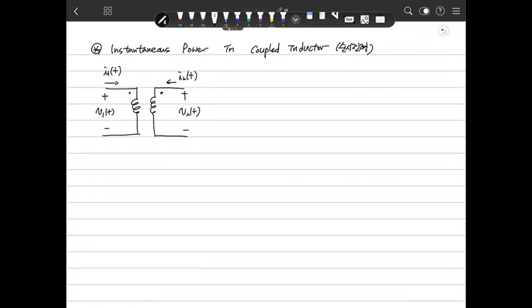Then what is the power? In power p(t), we have two voltages and currents, so we need to calculate this power and this power. In terms of power, it's the sum of the two powers: V1(t) I1(t) plus V2(t) I2(t).